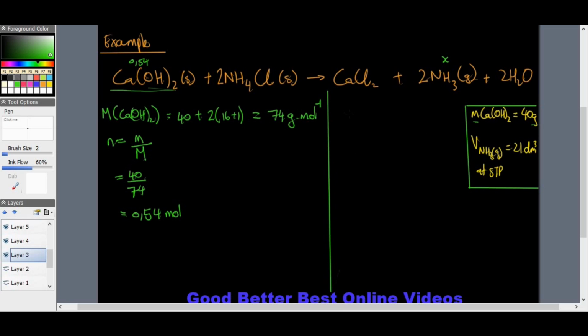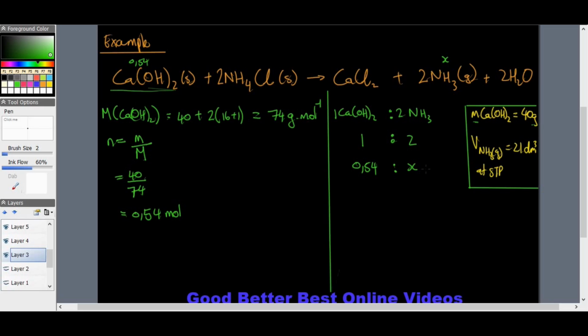So we've got calcium hydroxide, Ca(OH)2, and ammonia. So the mole ratio is 1:2. And over here we've got 0.54 that we calculated is to X. We don't know what this actual amount is.